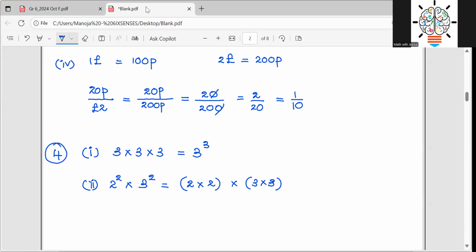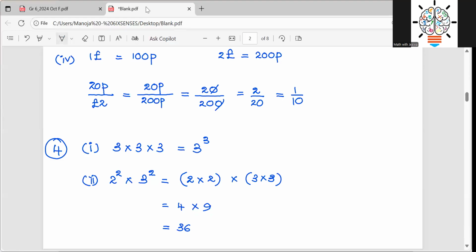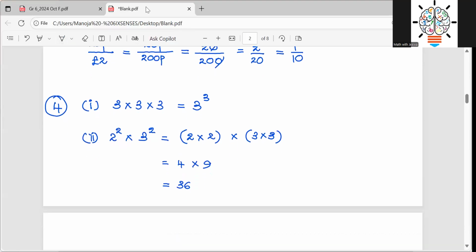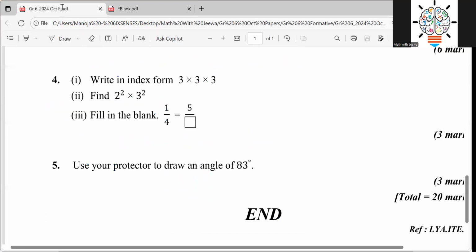Okay. So then 2 times 2, it is 4, and 3 times 3, it is 9, 4 times 9, it is 36, right? 2 squared, it is 2 times 2, 3 squared, it is 3 times 3, 2 times 2, 4, 3 times 3, 9, 4 times 9, 36, right?